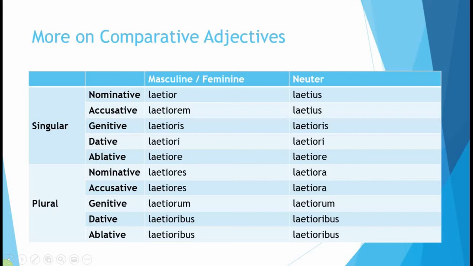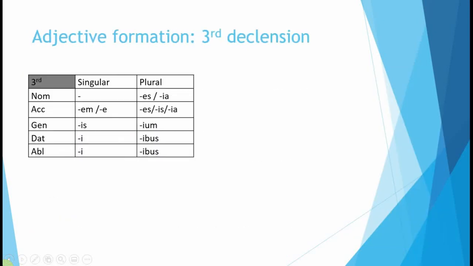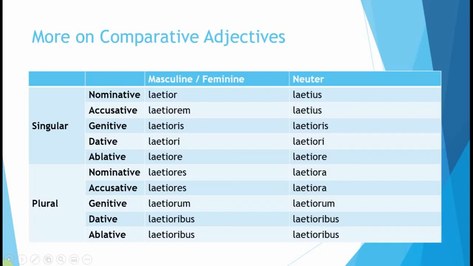So ior, iorem, ioris, iori, iori, iores, iores, iorum, ioribus, ioribus. Hopefully you have realised that comparative adjectives are somewhat similar to adjectives of the third declension. So, if they are neuter, it becomes a little bit more complicated because they match the third declension neuter endings rather than the third declension masculine feminine noun endings.